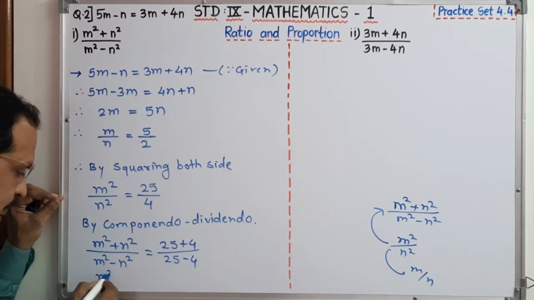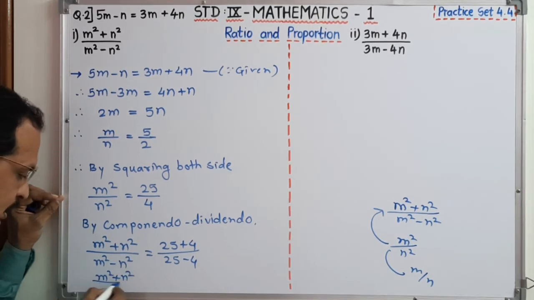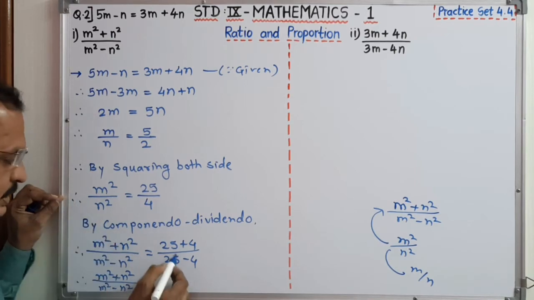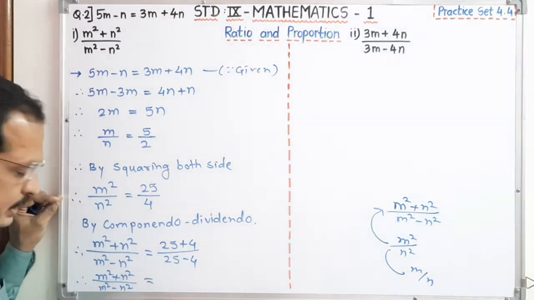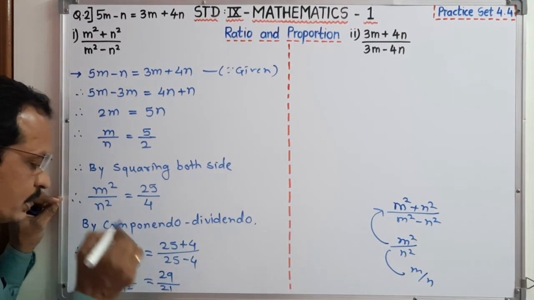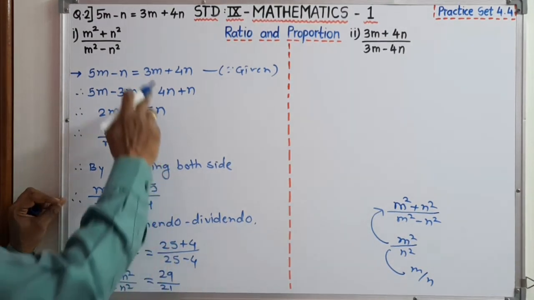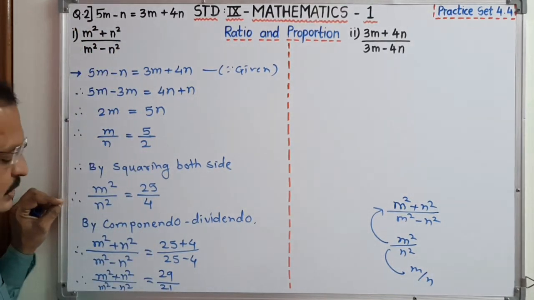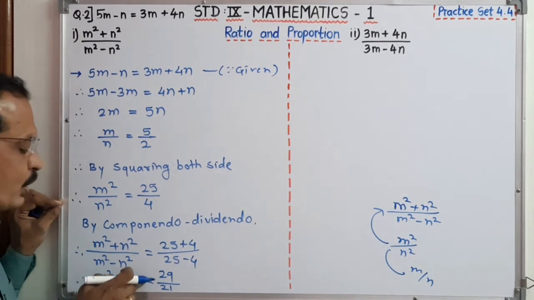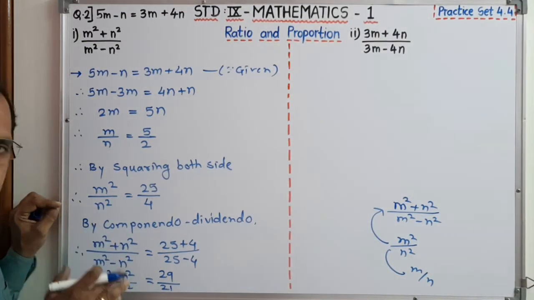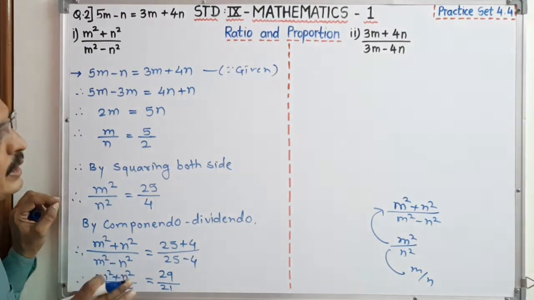Now dear student, m square plus n square upon m square minus n square is equal to 25 plus 4, it is 29, and 25 minus 4, it is, dear student, 21. In this way, we find out the value of this m square plus n square upon m square minus n square is equal to 29 upon 21. I think everyone understood this. It is very easy and very simple.